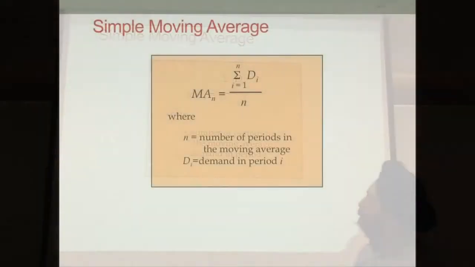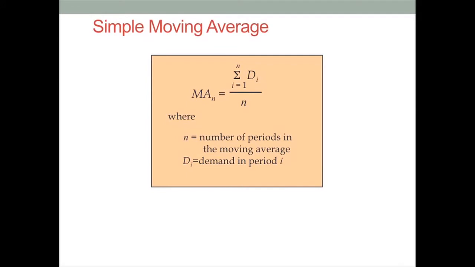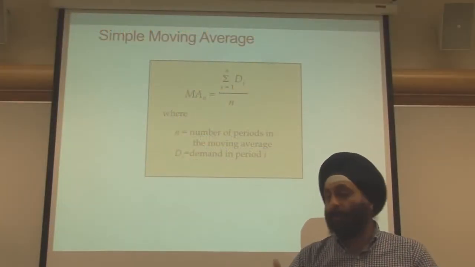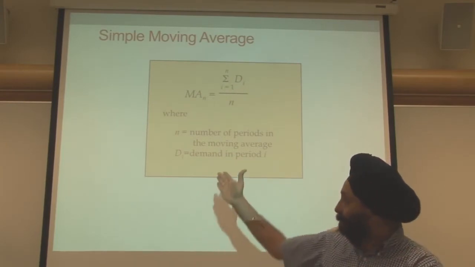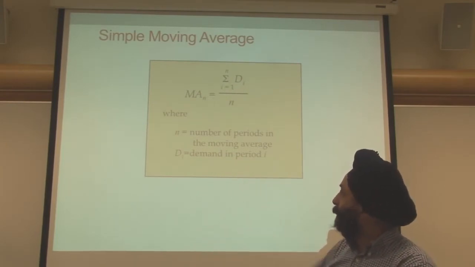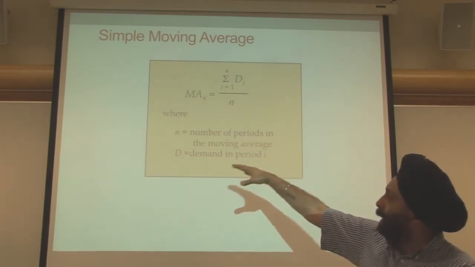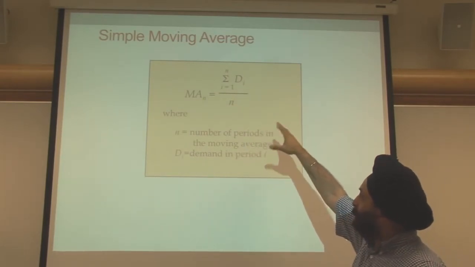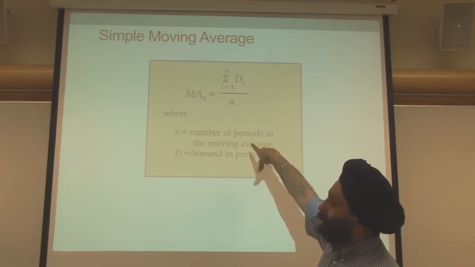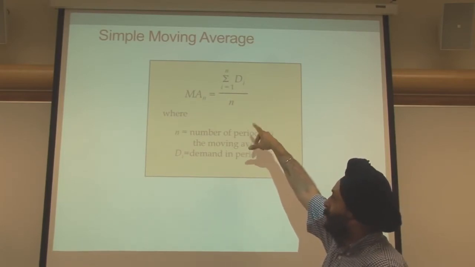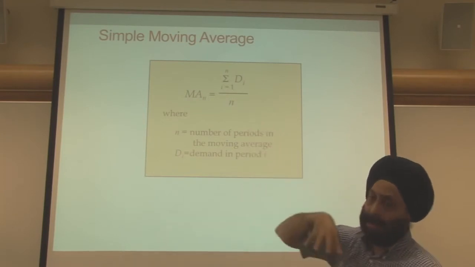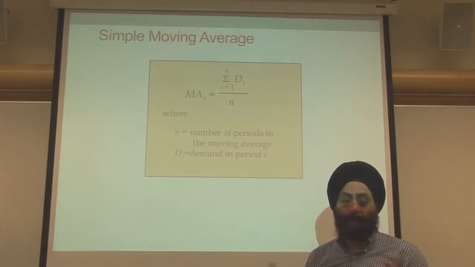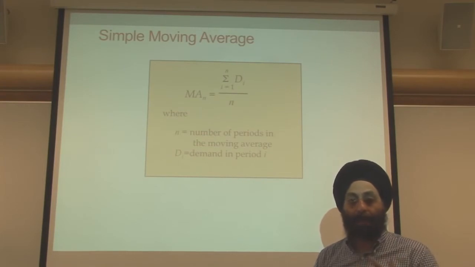Let's look at simple moving average. The word simple means it's a straightforward average, and the moving part is something we'll explain in the context of an example. In this particular case, the moving average is the sum total of all the demands divided by n, and that's the average that you have. Every single demand has been given equal weight, and that's the simple part of it.